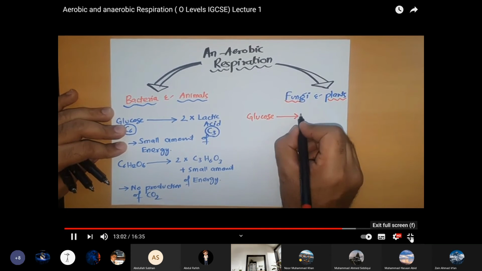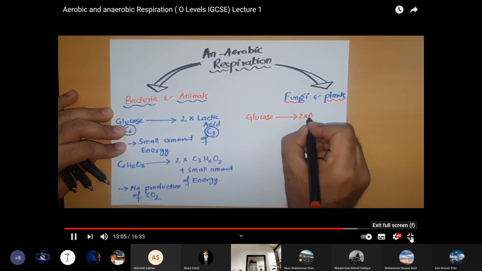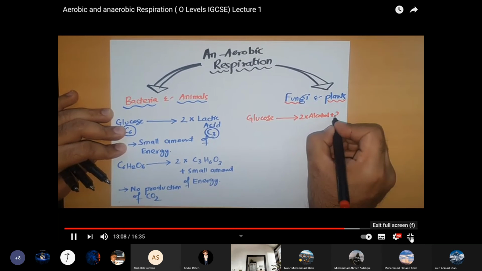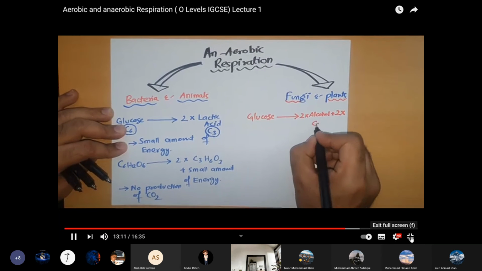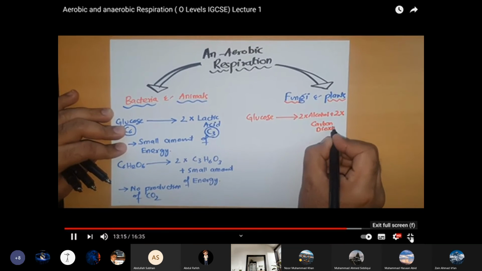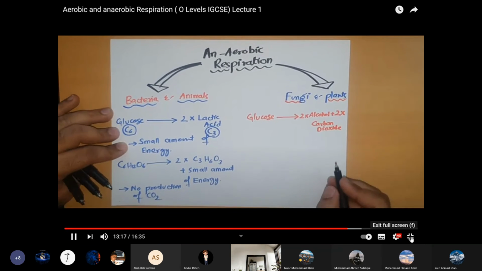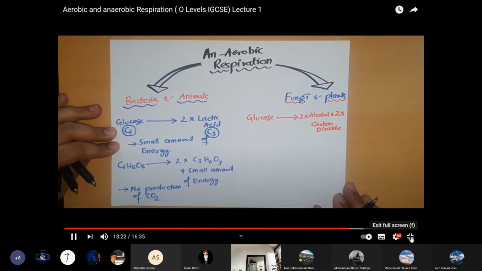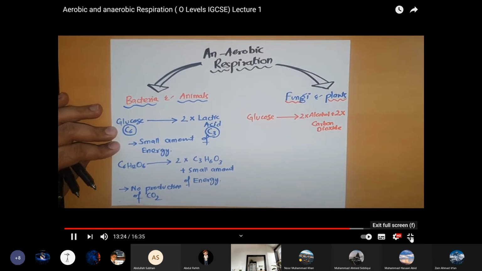When it breaks down, it will form two molecules of alcohol plus two molecules of carbon dioxide. Now I'm writing carbon dioxide below the chemical equation because of the absence of space over there, but when you write, you will write in a straight chain.